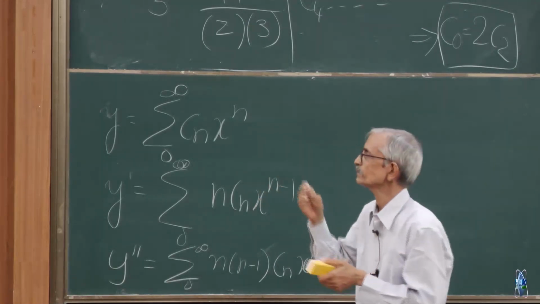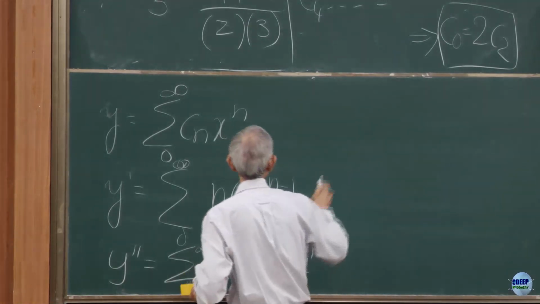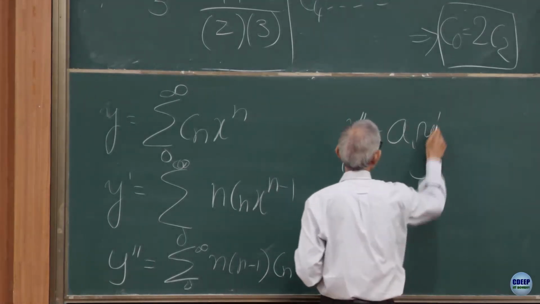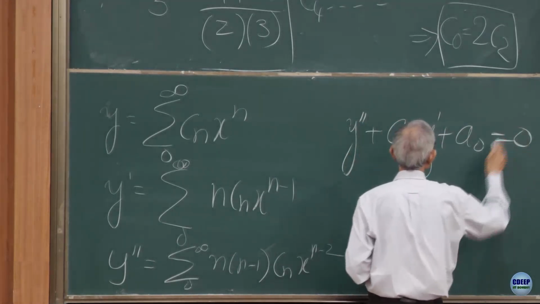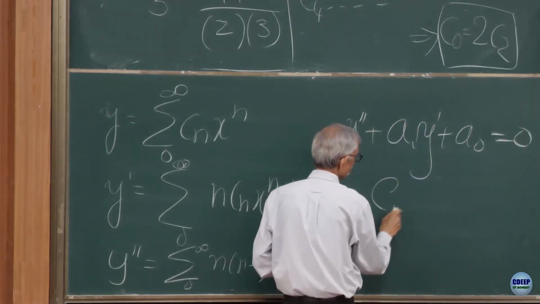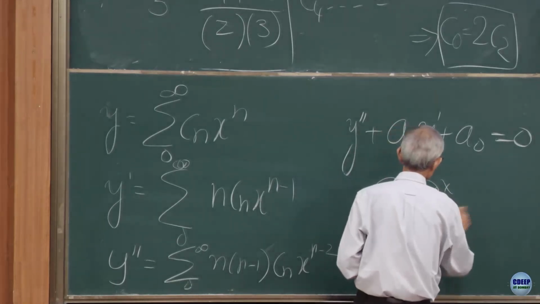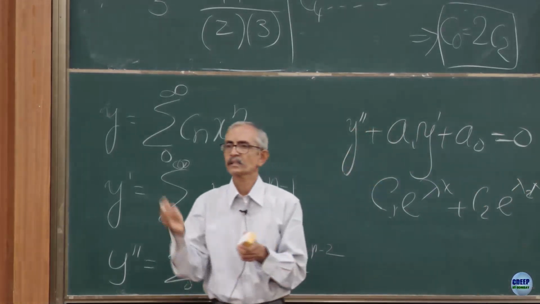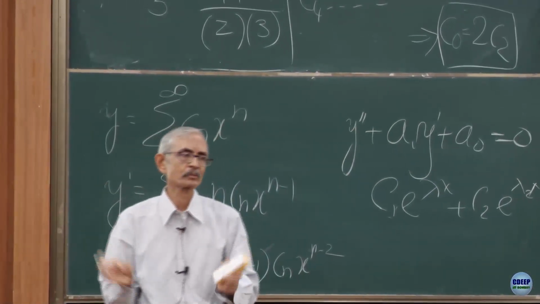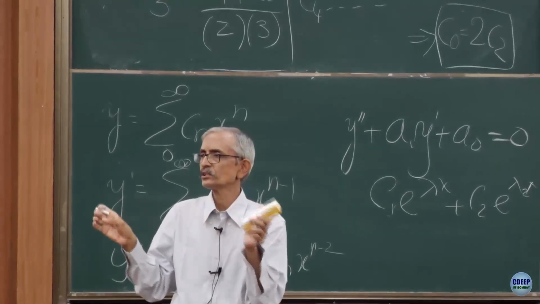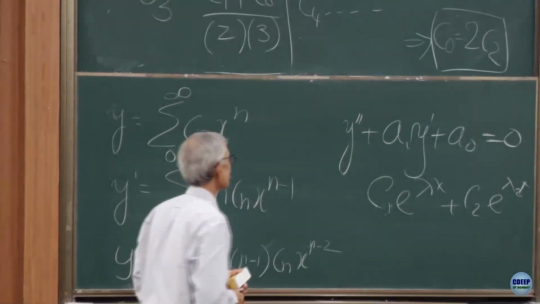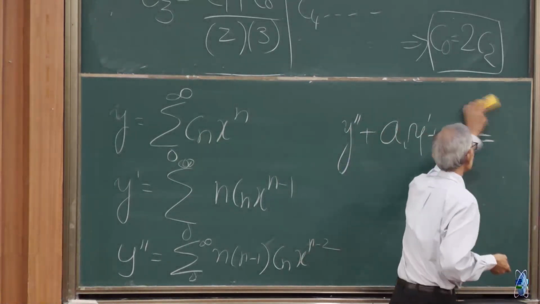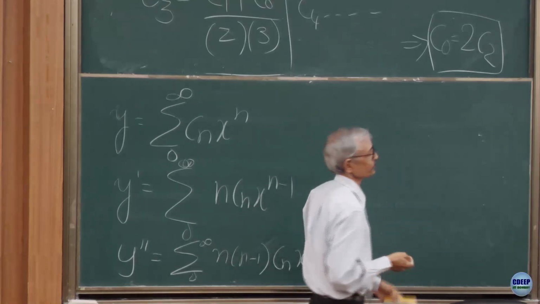Remember, even earlier on when we had y double prime plus a1 y prime plus a0 y equal to 0, we had c1 e to the power of lambda 1 x plus c2 e to the power of lambda 2 x, right? So these c1 and c2 are always going to be there. You need other conditions which you are going to be getting from somewhere else that is going to permit you to go ahead and get the final solution.